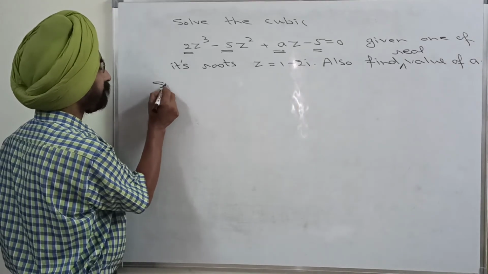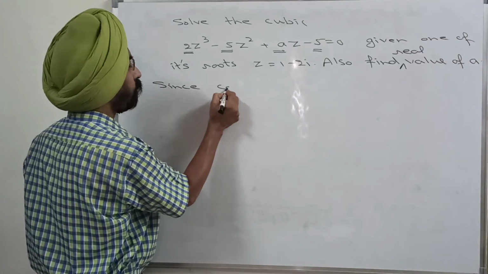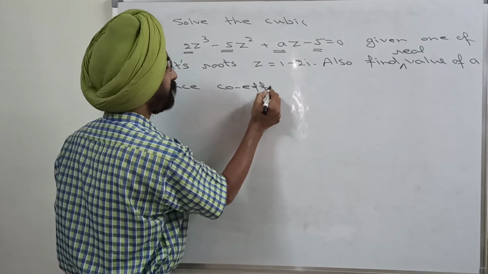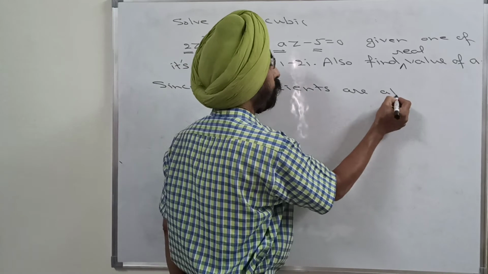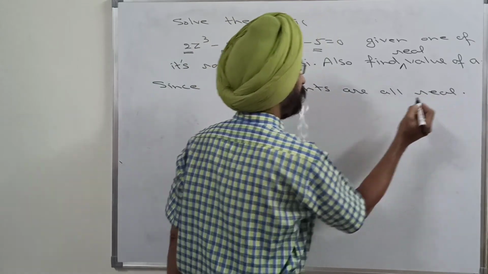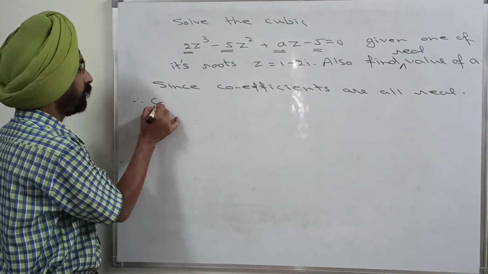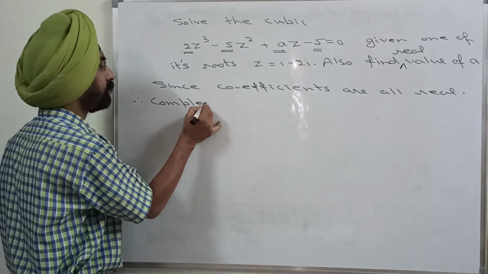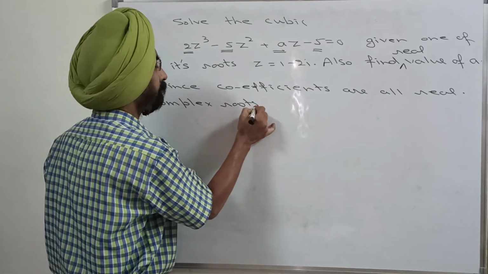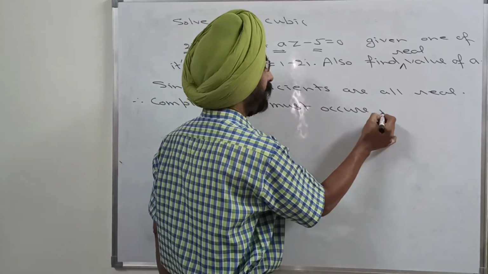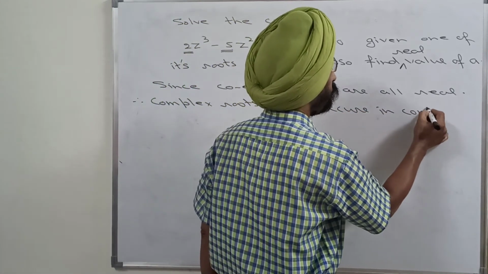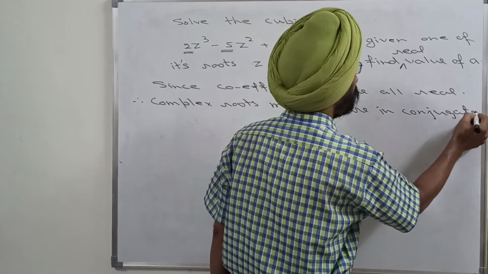So since coefficients are all real, therefore complex roots must occur in conjugate pairs.